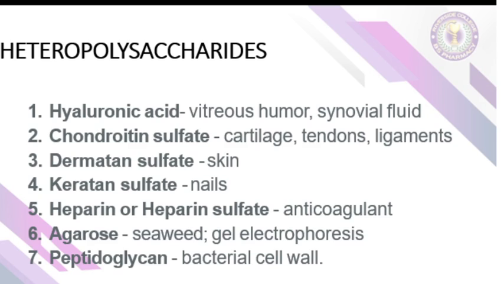And number 6, we have your agarose. This is isolated from seaweeds and used in gel electrophoresis. Agarose is also used as one of the media for growing bacteria in the laboratory in microbiology. And lastly, we have your peptidoglycan, which is literally the cell wall of bacteria.